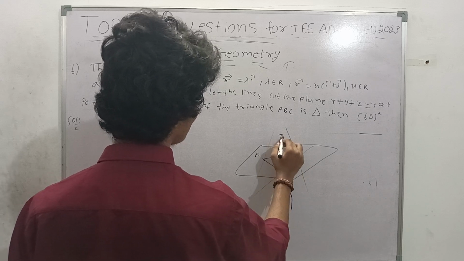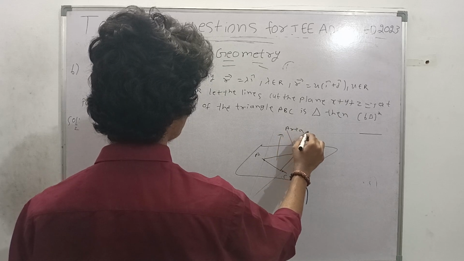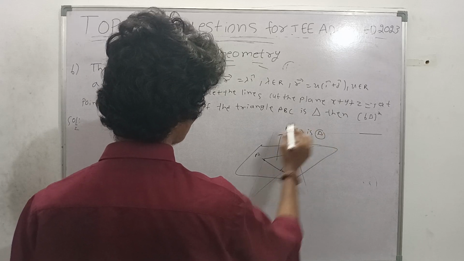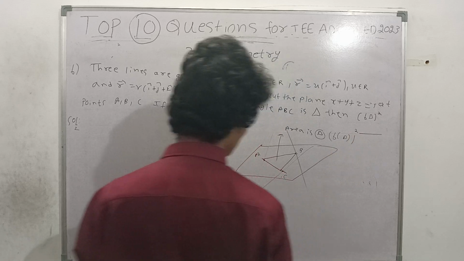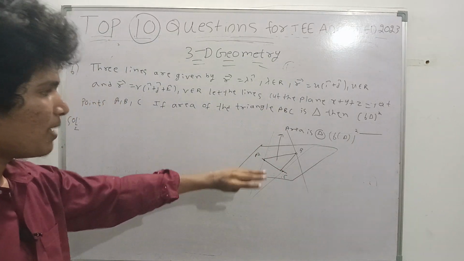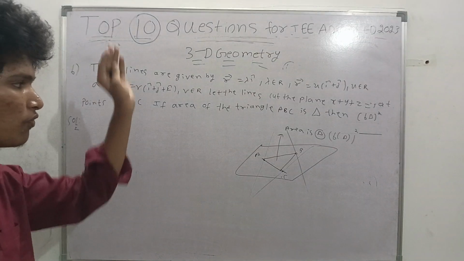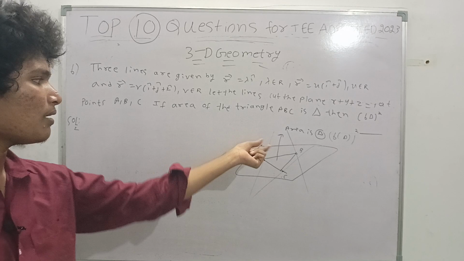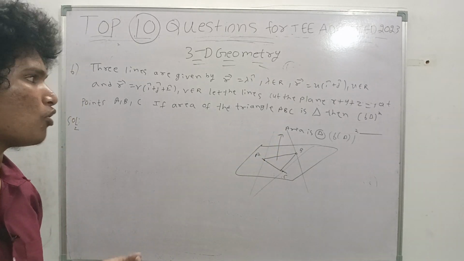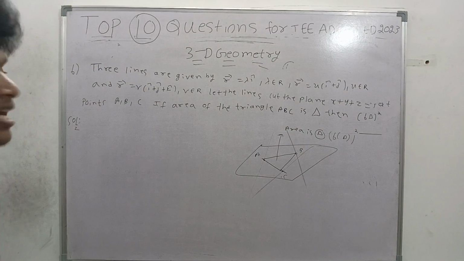For this triangle, the area is delta, and they are asking for 6 into delta whole square. This is a simple question. The plane is given, the lines are given, we have to find the points of intersection of the lines and the plane. You will get points A, B, C. After getting the three points, you can find the area delta.